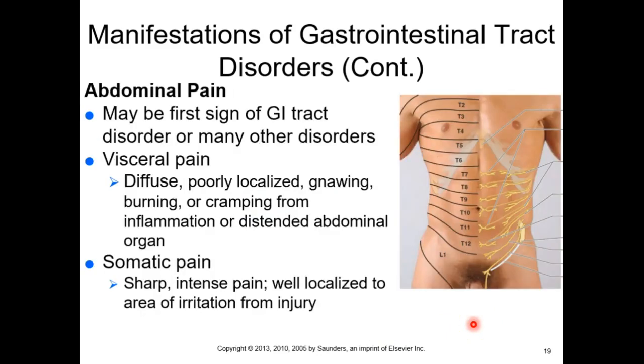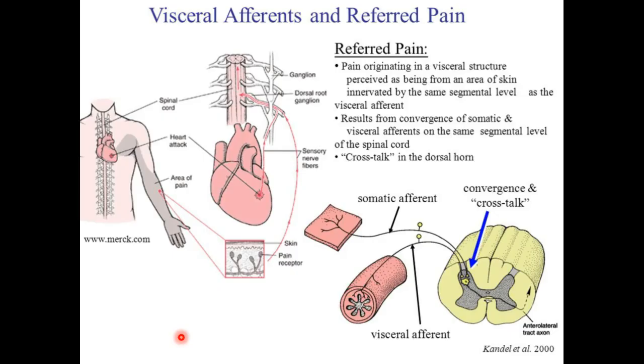We already talked about this, but remember that there's a difference between visceral pain and somatic pain. Visceral is poorly localized, gnawing, burning, cramping. Somatic pain is going to be more sharp, tense, well localized. You may also experience referred pain patterns from visceral pain, and that means that our pattern of innervation for visceral nerves is not going to be as specific and well aligned as the dermatomes are.